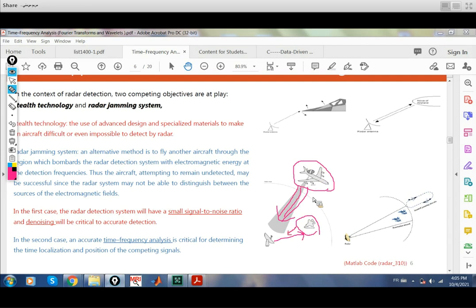How can we distinguish between target one or target two? Then we call it parasite.